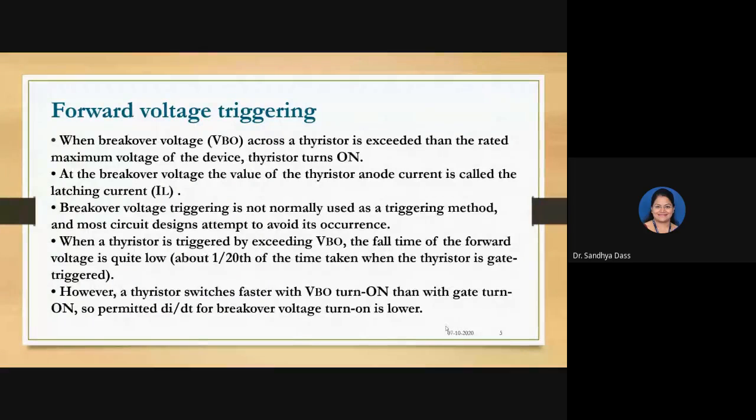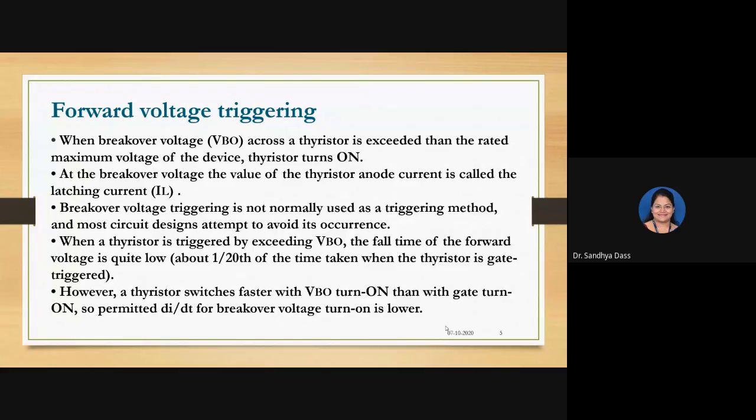Recall the internal structure and the back-to-back connection of two transistors. If there are minimum charges driving one transistor, that in turn is connected to the base of the second transistor as base current, which will trigger the next transistor to turn on. So eventually there is a continuous flow of current. This minimum current is nothing but our latching current, all right?